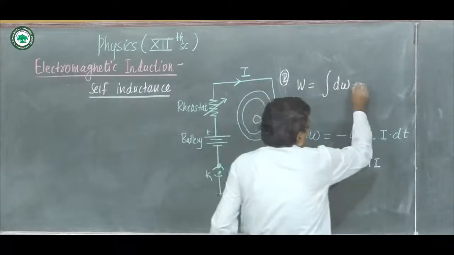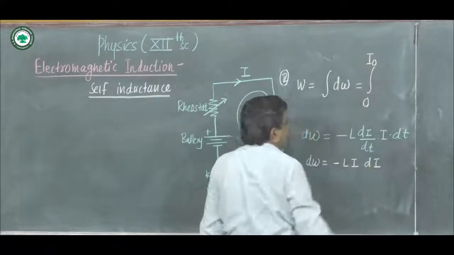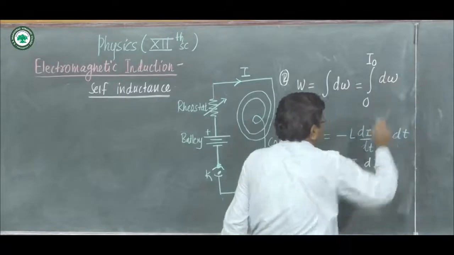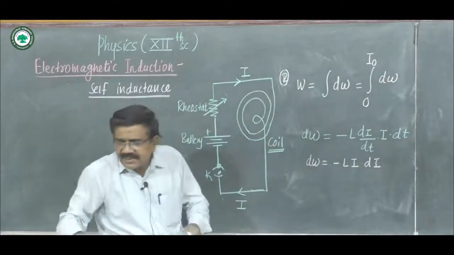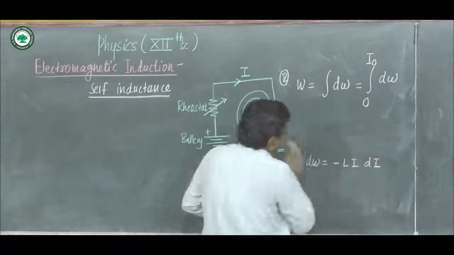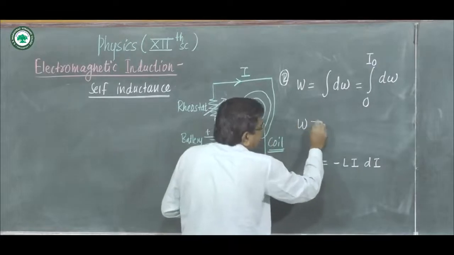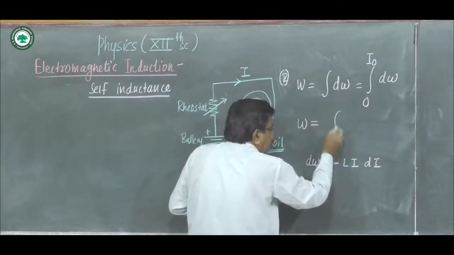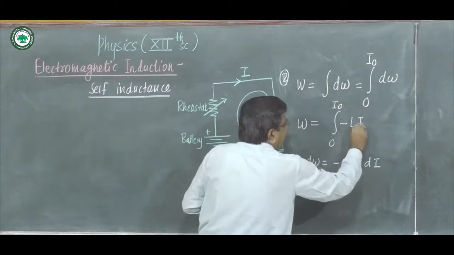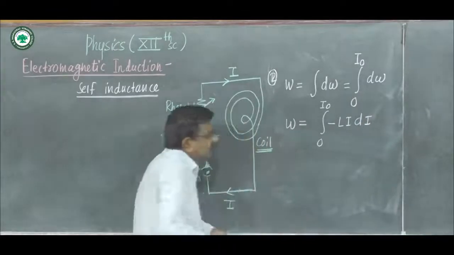So it is integration from 0 to I0, where I0 is the steady current. This dW is minus L I di. So this work done is the integral from 0 to I0 of minus L I di.